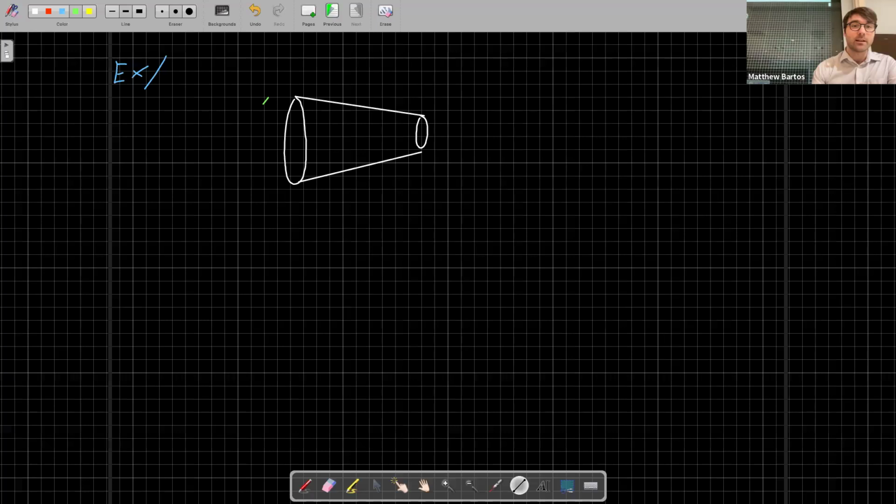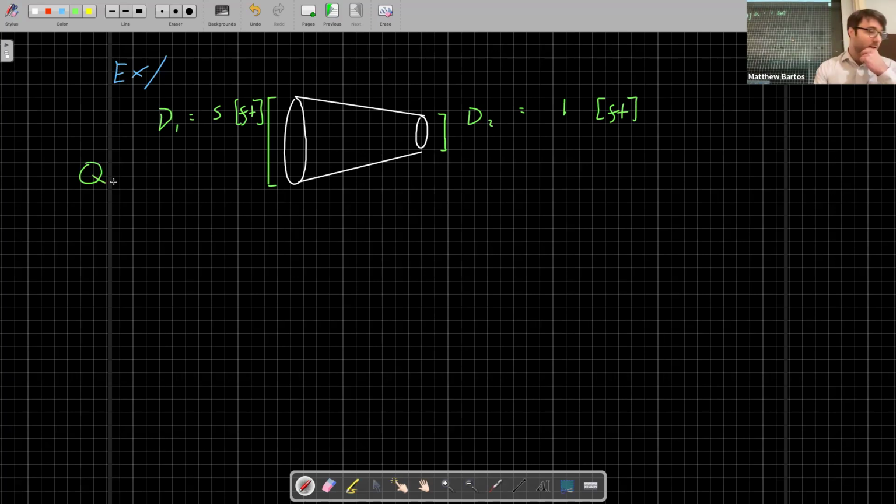And the diameter at the upstream end of the nozzle is equal to 5 feet. So I'll call this D1 is equal to 5 feet. The diameter on the downstream end of the nozzle is going to be D2 is equal to 1 foot. And just like before, let's say at the upstream end, there is a discharge of 25 cubic feet per second.